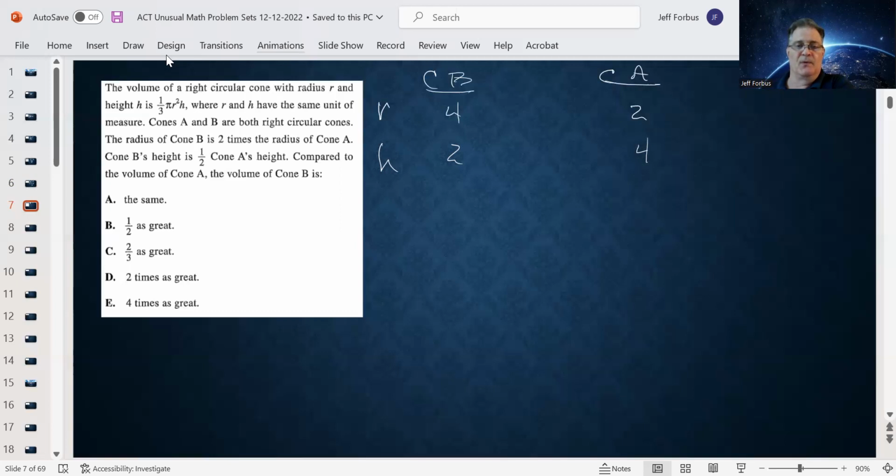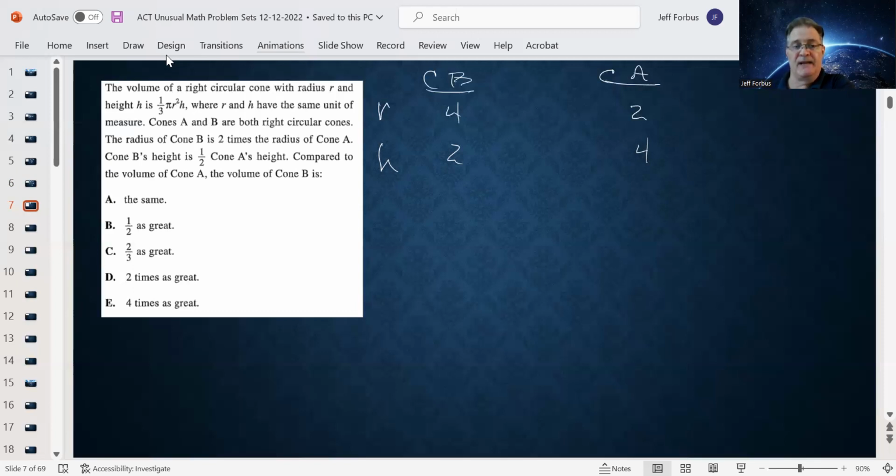But when you choose numbers to fit statements like this, choose small ones. Make your math as easy as possible. Now the question says, compared to the volume of cone A, the volume of cone B is what? Look at your answer choices: the same, half as great, 2/3 as great, 2 times as great, or 4 times as great.